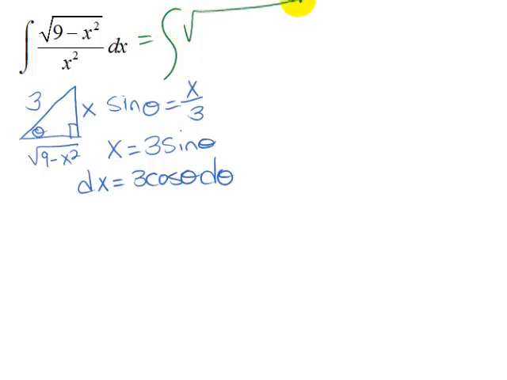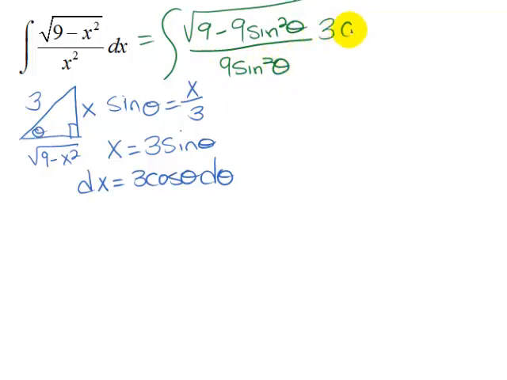I've got the square root of 9 minus x squared, so that's going to be the square root of 9 cosine squared theta over x squared, which was 9 sine squared theta, and then dx, which is 3 cosine theta d theta. Let's see what we could do to simplify this.